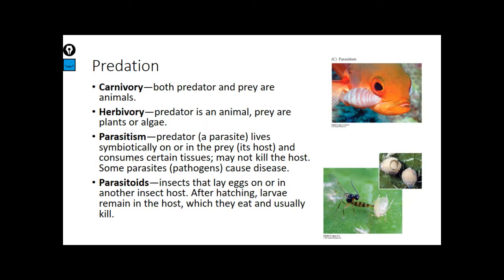They're organisms in the trophic chain that are animals. They are meat. Okay. Herbivory, then, where the predator is the animal and the prey is either a plant or algae. We tend to forget that algae is a thing.